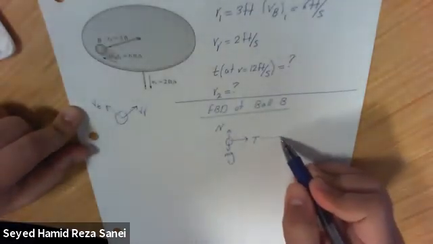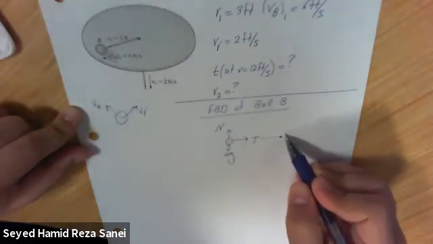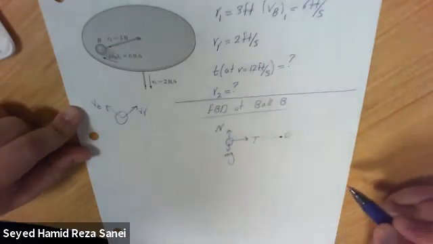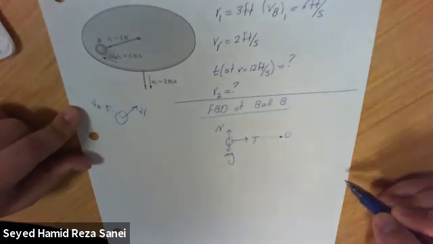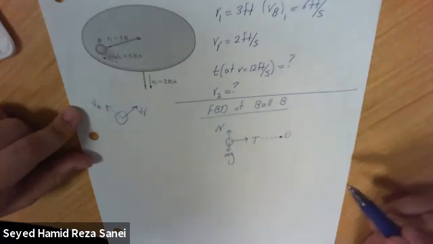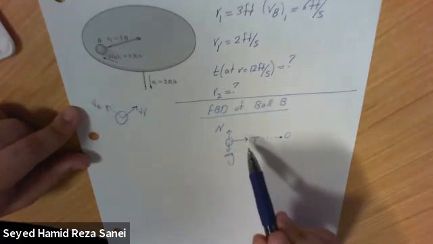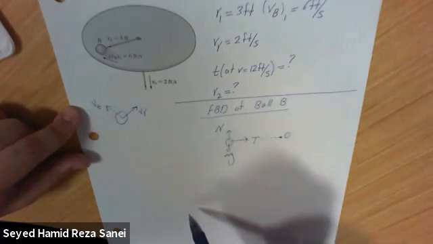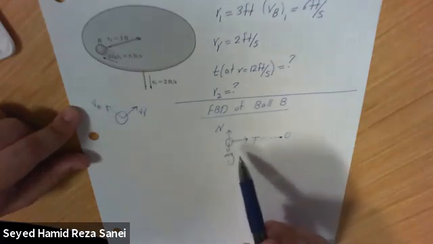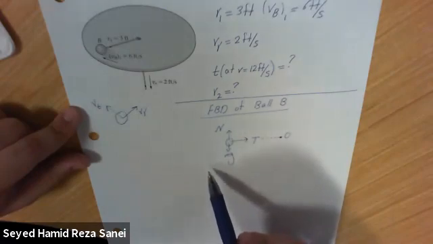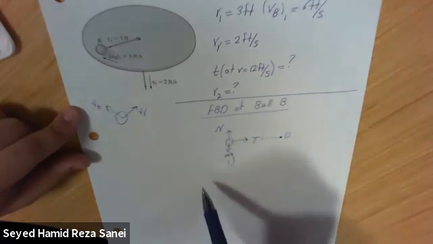And here would be our point O that we are going to write our angular momentum equation about. Looking at this free body diagram, we have three components of force, and we have to evaluate whether any of these are creating a moment about point O.